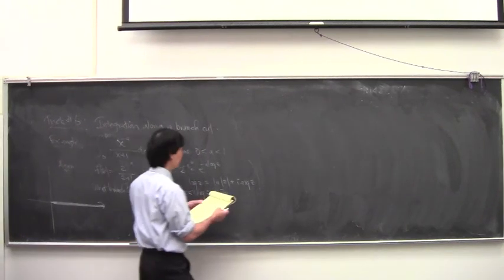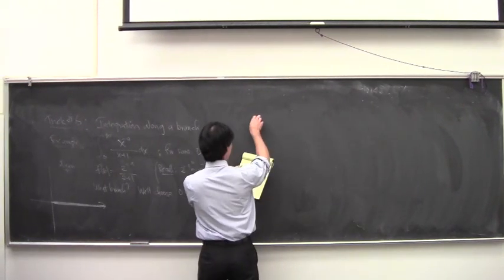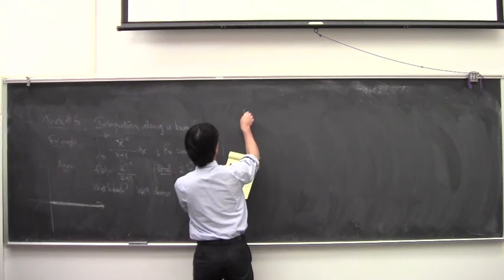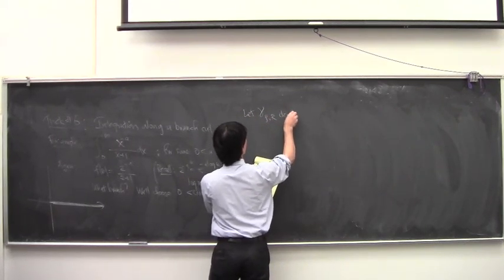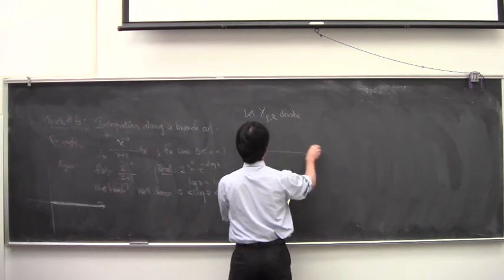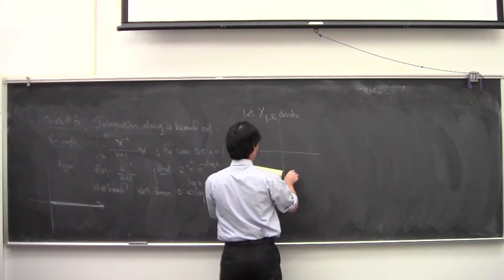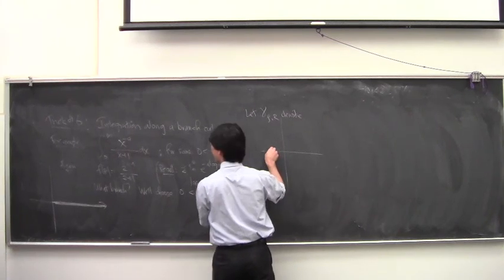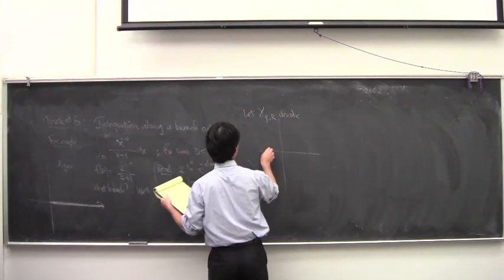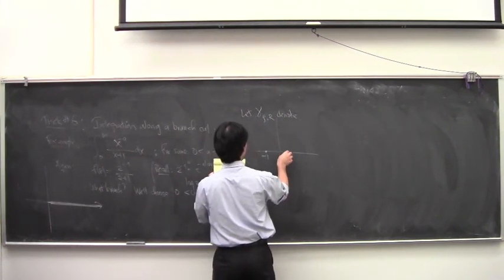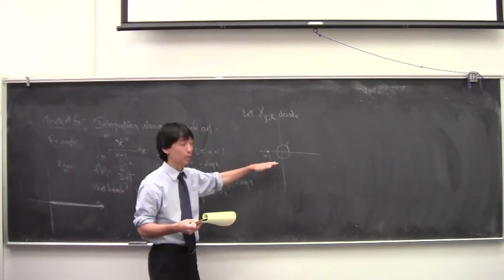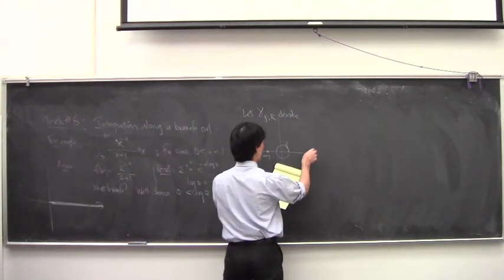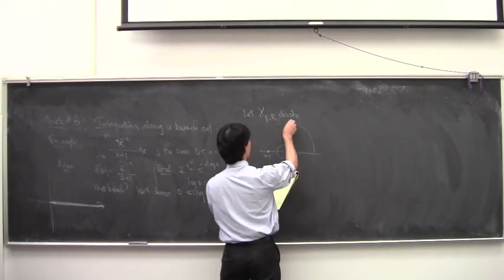Okay, so now we're going to play our usual game. Let gamma sub rho r denote this path. Again, here we have the singularity at -1. So here's the -1. We're going to choose rho to be smaller than 1, and we're going to choose r to be bigger than 1.